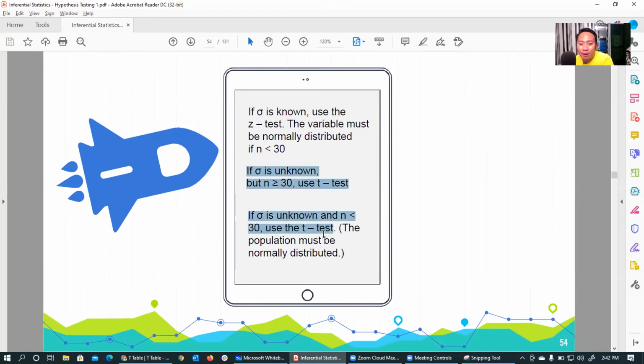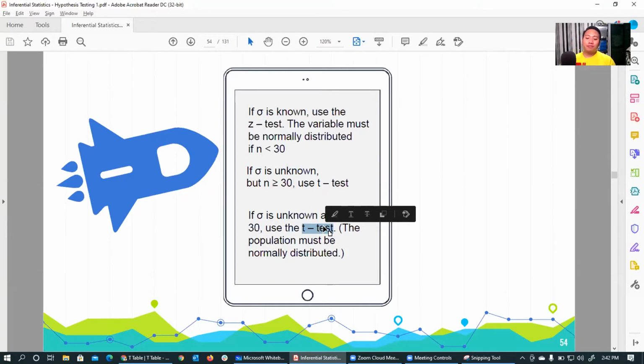If your population standard deviation is unknown, then you have to use the t-test. So your pre-qualification for deciding whether it's going to be a z-test or t-test is the population standard deviation. If it's present, use the z-test. If it's not present, use the t-test.